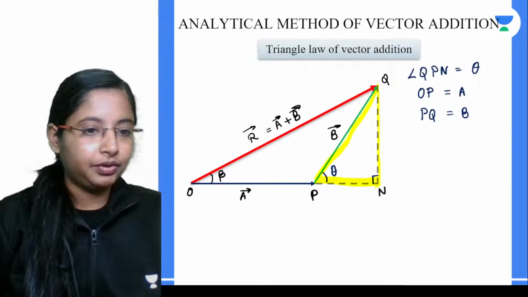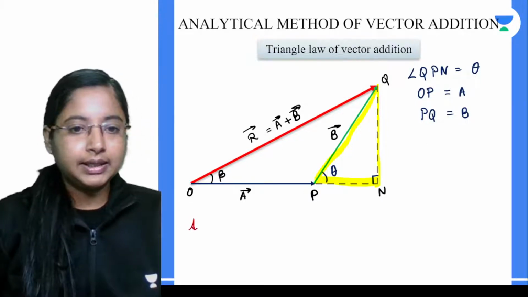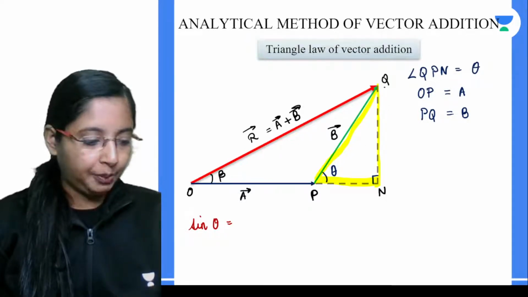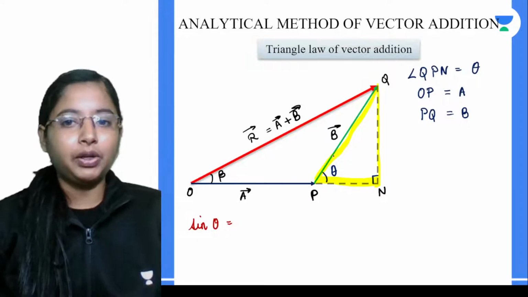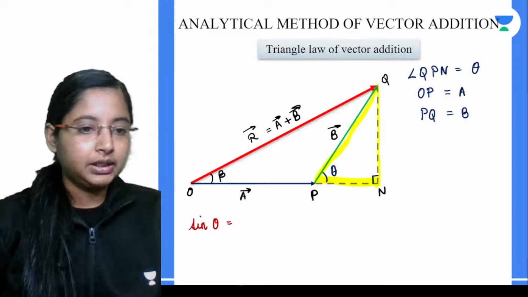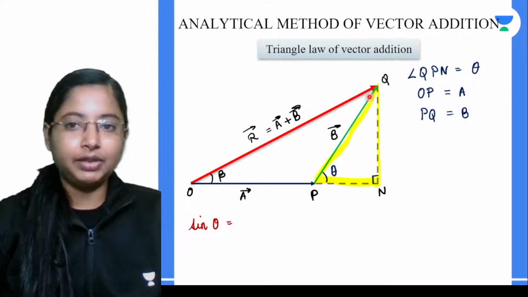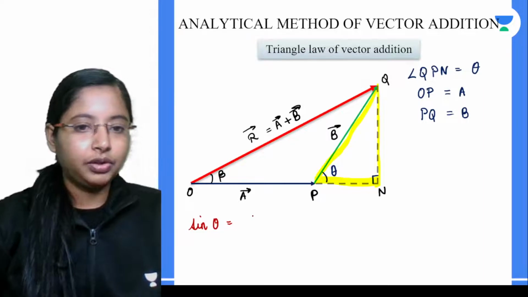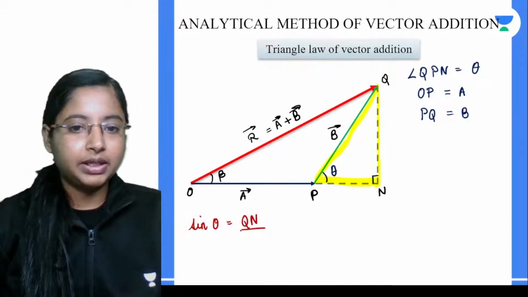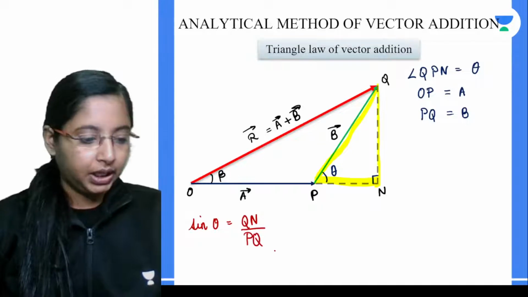Sine is basically opposite by hypotenuse, or perpendicular by hypotenuse. Perpendicular is this side over here. That is, if we take sine, we have QN by PQ.